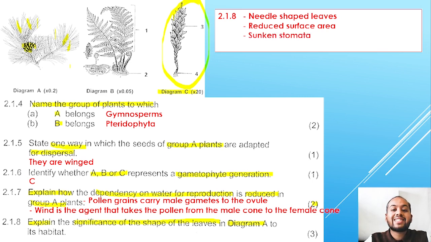It's also going to have sunken stomata, and that is going to reduce the transpiration in hot, dry habitats. So any 3 of these points would have given you 3 marks for explaining the significance of the shape of the leaves. This is something that's very important. You need to remember this as well. Remember that the term transpiration refers to the loss of water from the leaves of a plant.